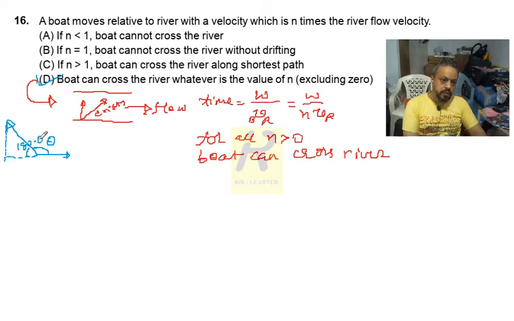This is the velocity of the boat in the river, and it is crossing perpendicularly like this. It is crossing the river vertically.